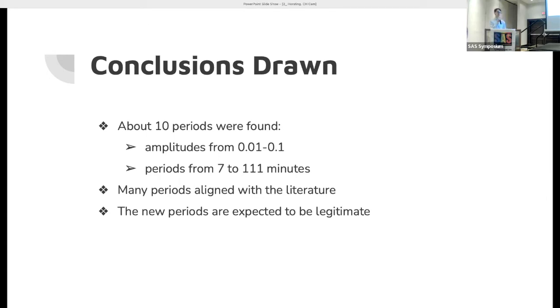Many of these periods, not all, aligned with the periods found in the literature, which supports the legitimacy of many of the periods found by this study. And the new periods, because of the short phase in stellar evolution in which our star is in, most likely are also legitimate. But this is, again, still being studied.